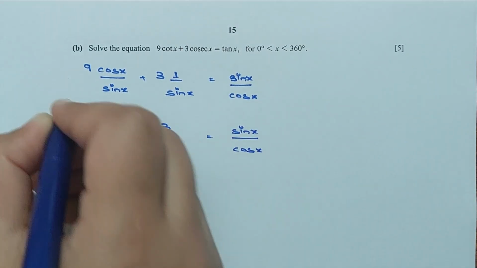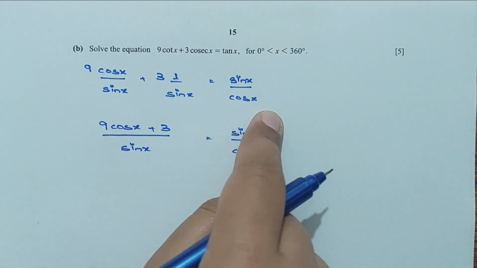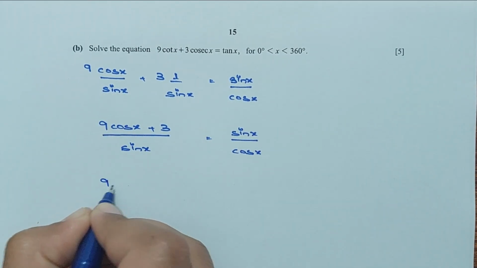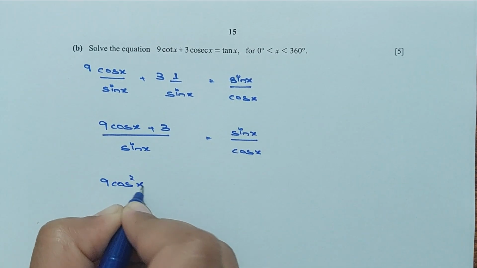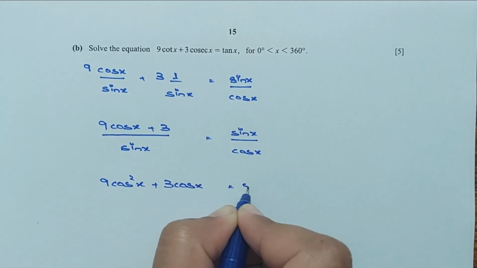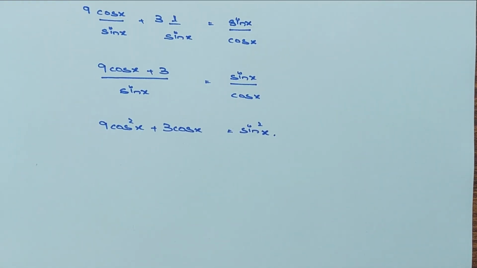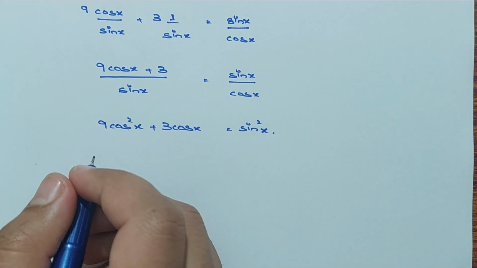Now let's do a cross multiplication. So this cos is multiplying over here and sine is multiplying. So 9 cos square of x plus 3 cos x, and this is equals to sine square x. Right. So combining all the terms, shifting the terms over here.